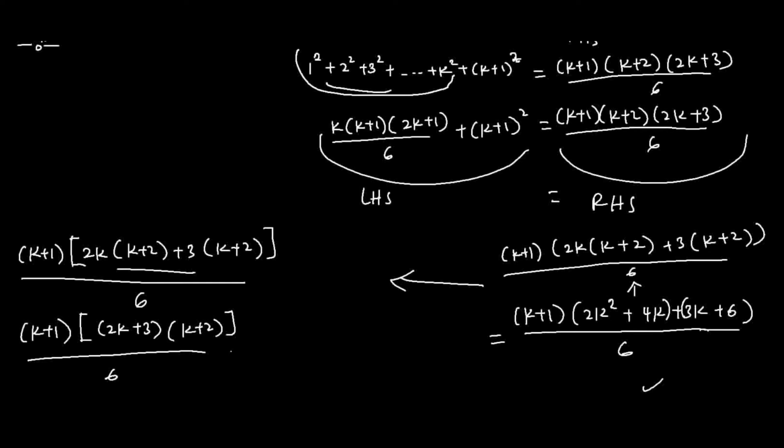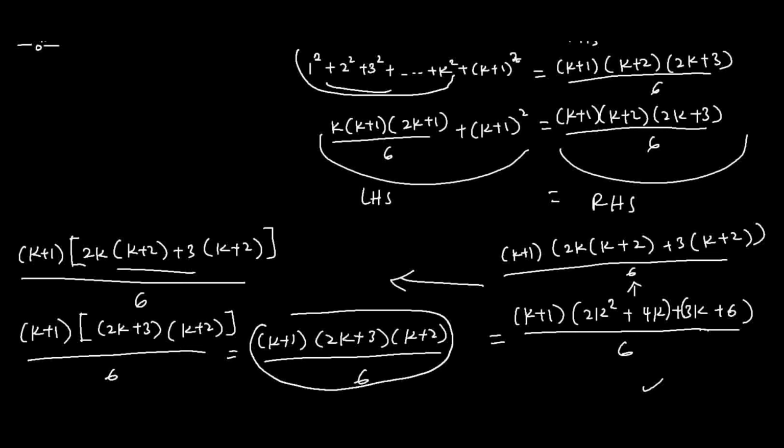So this will be equal to k plus 1 times 2k plus 3 times k plus 2, all this divided by 6. Then you see that what we have here is the same as what we have here.